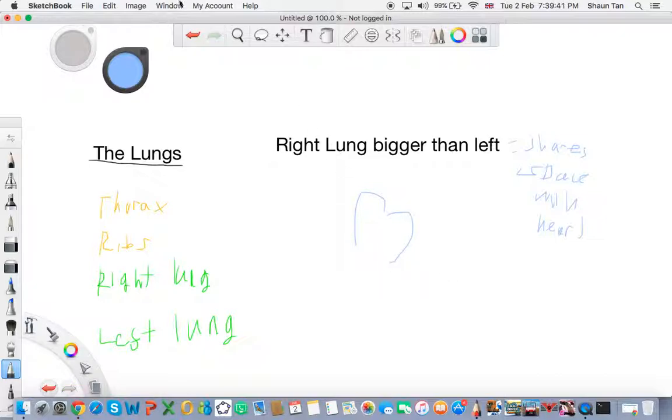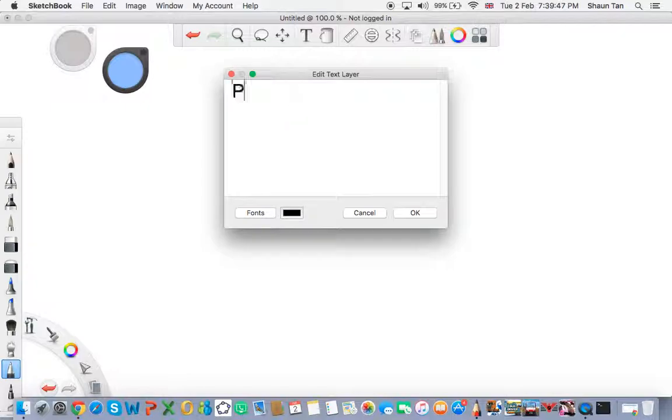So this is the heart. Okay, now we talk about the other parts of the respiratory system.